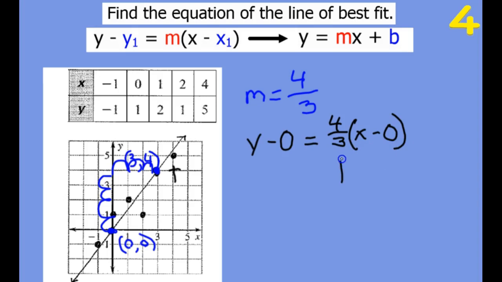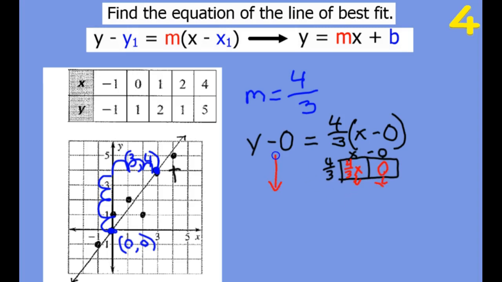So we're going to draw our box. So 4/3 goes out front. X minus 0 goes on top. 4/3 times x is 4/3 x. 4/3 times 0 is 0.